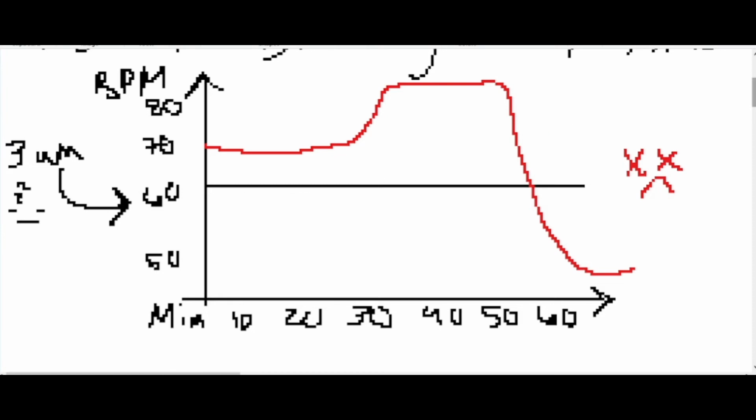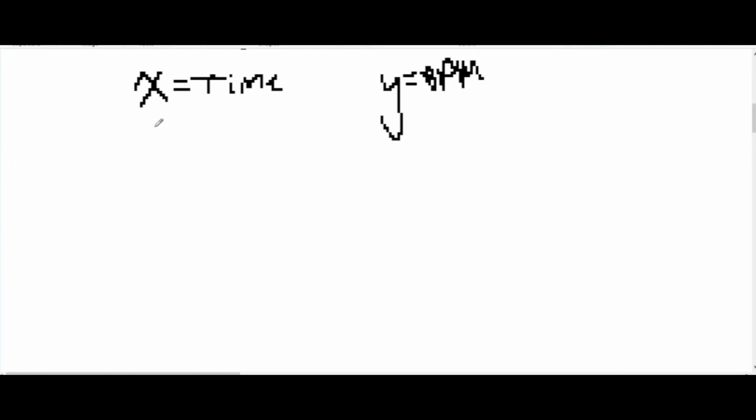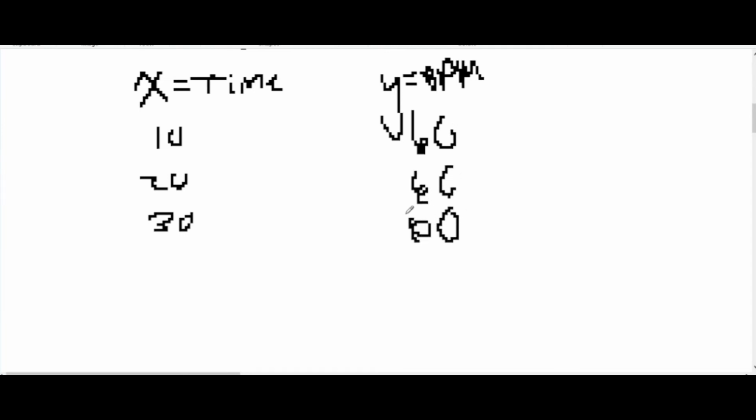So for domain and range in this situation, x is time, as I stated. Our domain and range are very constant, honestly. No matter how much time passes for x, so let's say 10, 20, 30, it's always going to end in 60, because unless you are dying, which I hope you're not, it's not going to change.